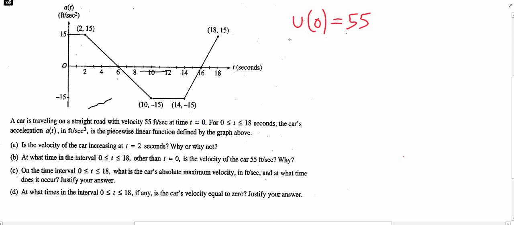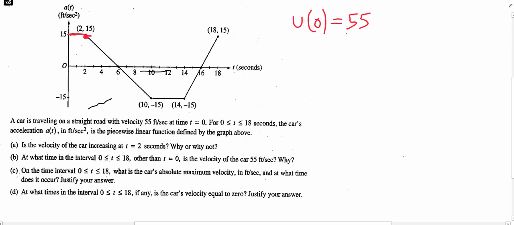Part A says, is the velocity of the car increasing at t equals 2 seconds? So at t equals 2 seconds, what do we know? We know the acceleration is positive there, and the velocity started off at 55, and even though it's a constant acceleration, it's still speeding up, right?